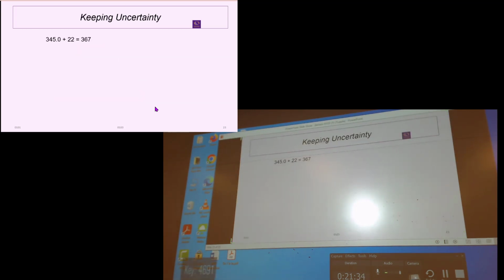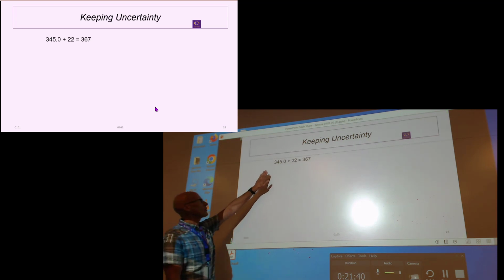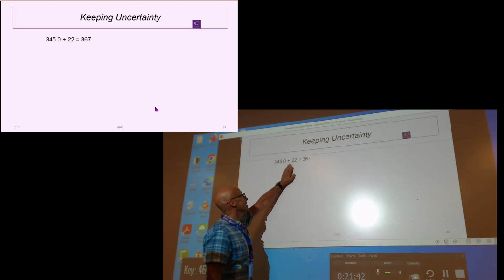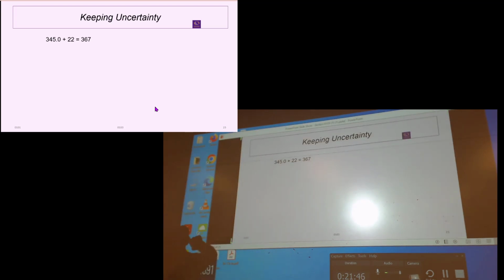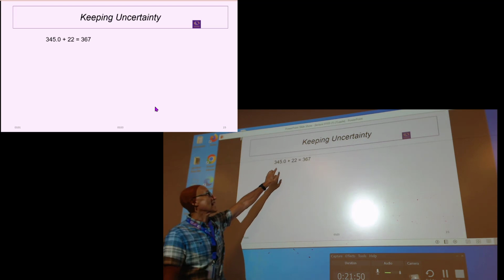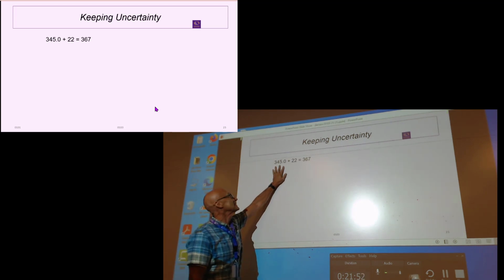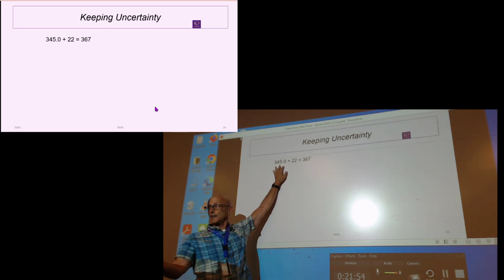Okay, let's talk about this. This is where I was trying to get to. Addition and subtraction. Here's what I mean. If I took 345.0 and I added 22, I get 367. Good? Now let's go back and analyze uncertainty. This is precise to what place? Tenths. Everybody agree?